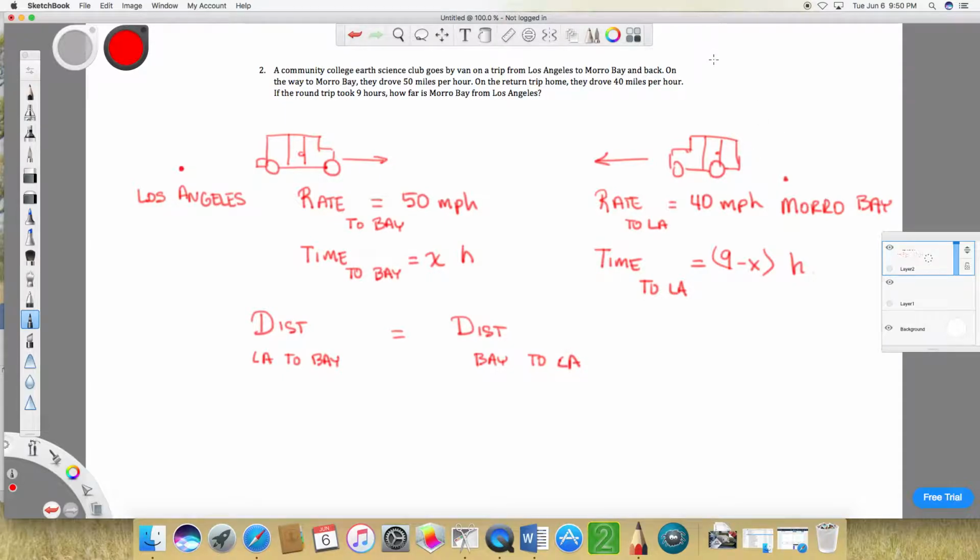And we know that in uniform motion, our primary relationship is distance is equal to rate times time. So we want the information about rate and time on the way to the bay and set that equal to the product of the rate times the time to LA.